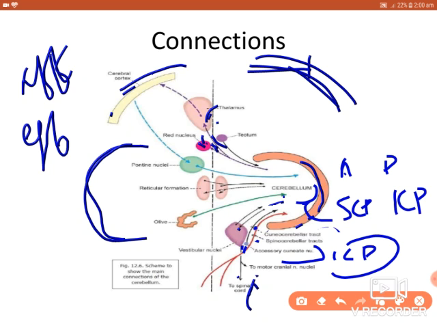Then there are the vestibular nuclei, which carry vestibular impulses from the labyrinth through the inferior cerebellar peduncle to the cerebellum. Then fibers come from the cerebral cortex: this is the corticopontocerebellar tract.